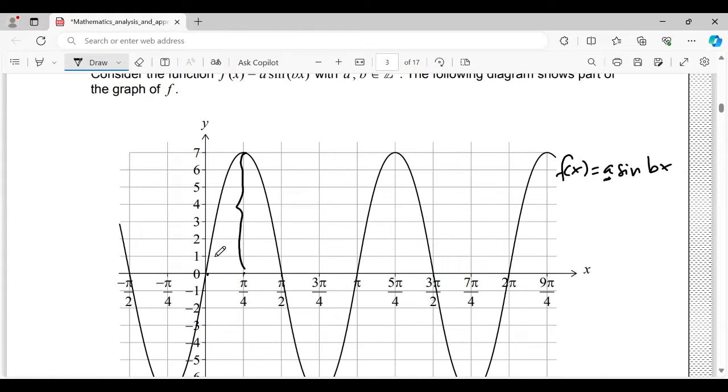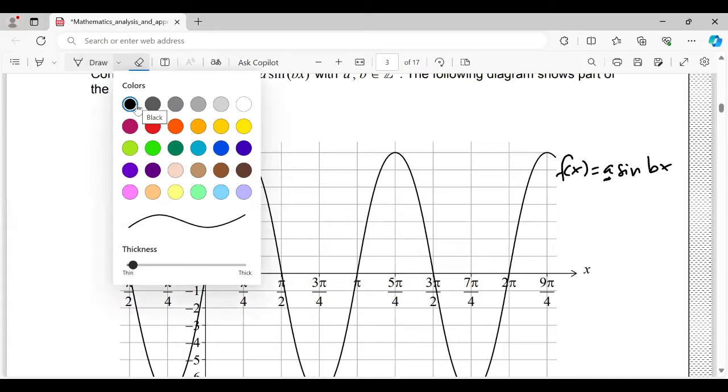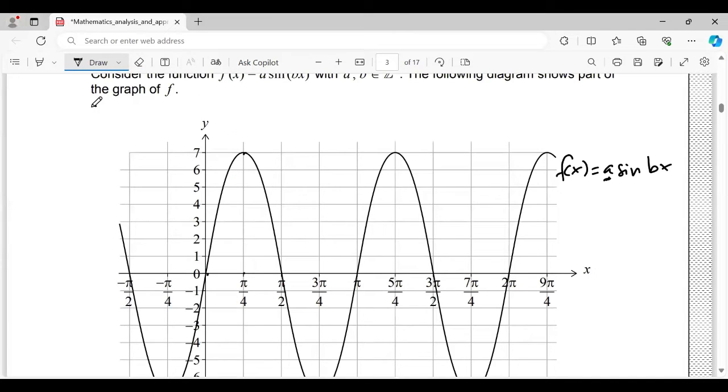Wait, I'm going to teach you something. If this graph goes like this, until here, it means the amplitude is 3.